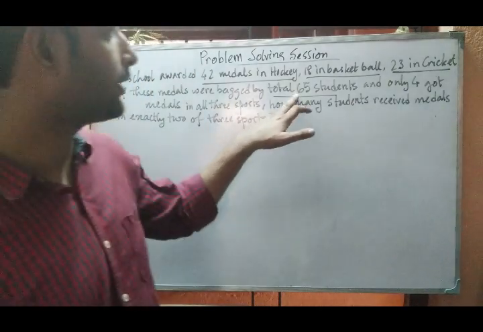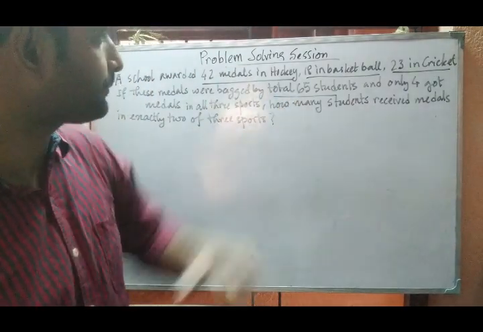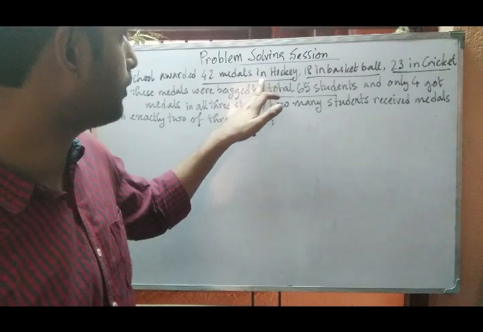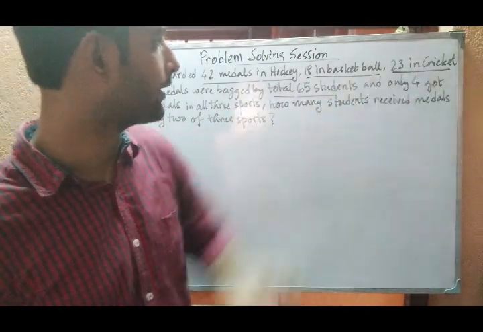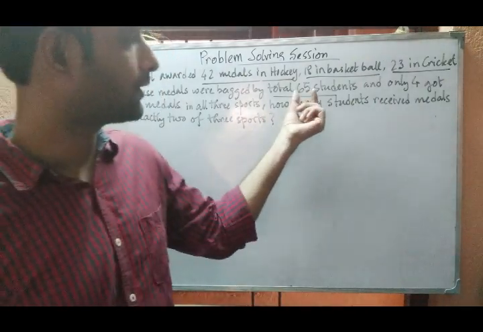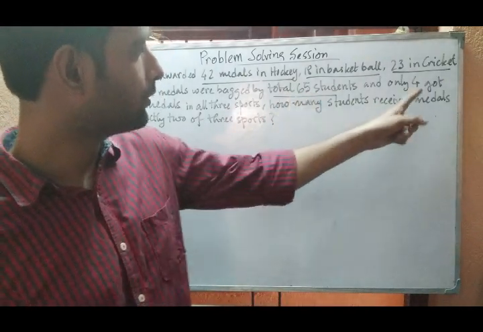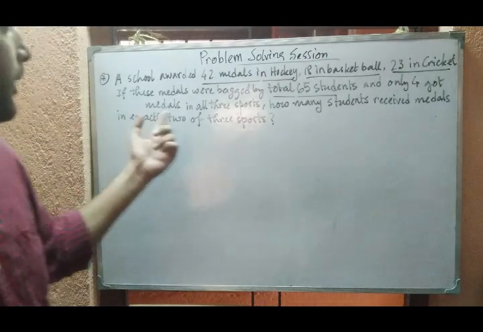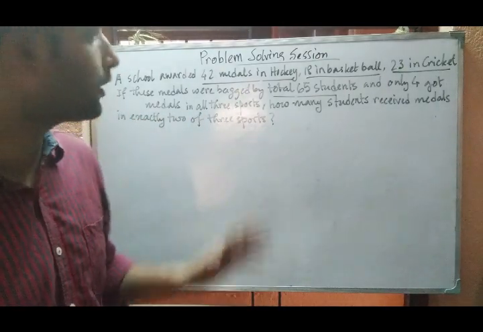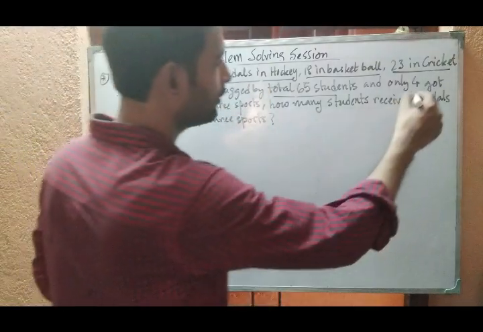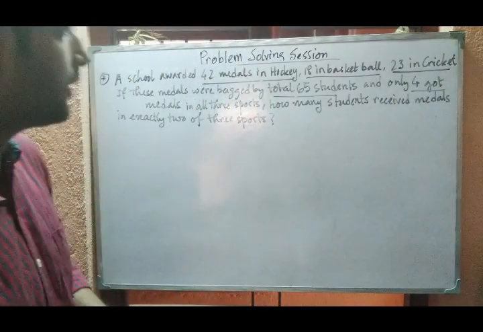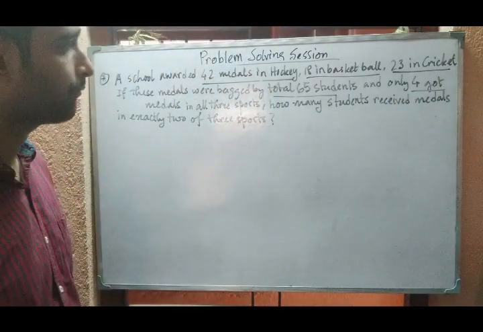That means this is the union of all the 3 sets. Their union is this 65. And also there are 4 students who got medals in all 3 sports. So that means that 4 will be in the intersection of the 3 sets.